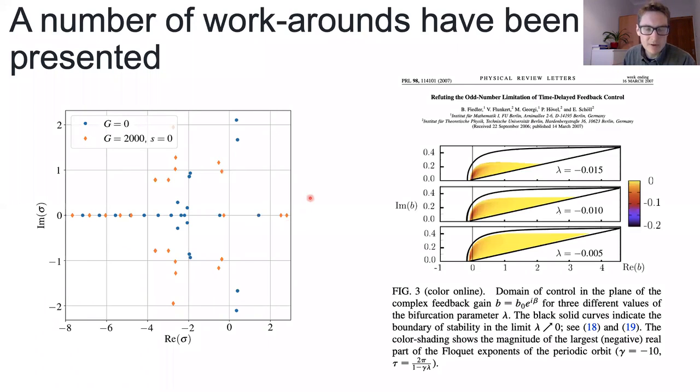As I say, there are a number of ways and methods purported in the literature that might circumvent this issue. For example, in this case, they employ some complex gain to rotate your spectrum somehow.